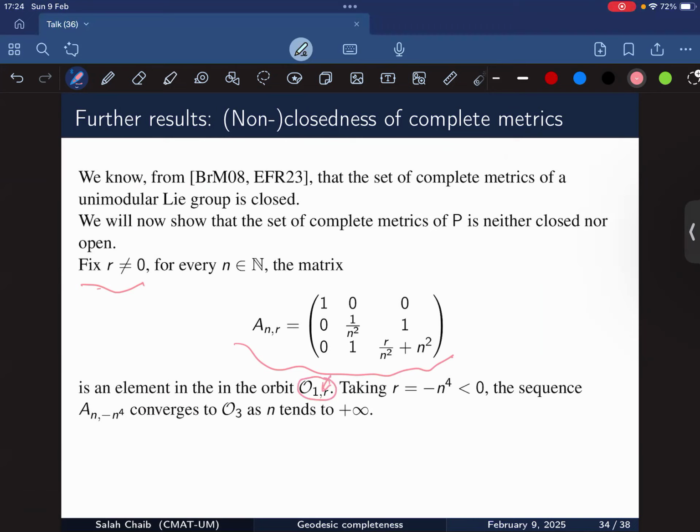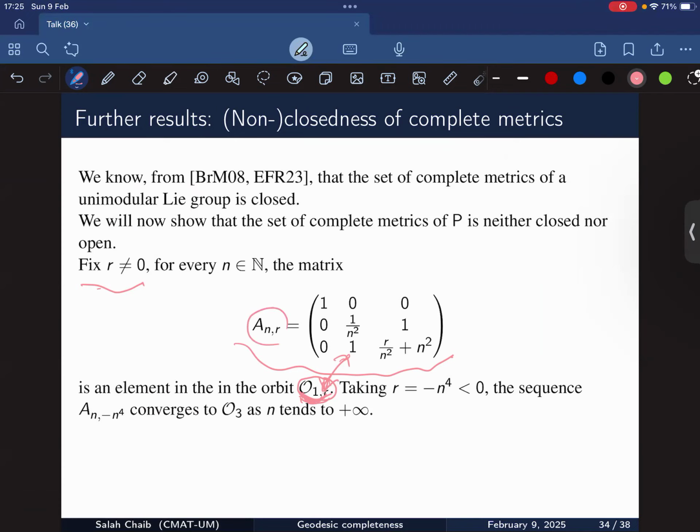Acting by the automorphism group and scaling, we can go from this to this one, so they lie in the same class. Remember that each class has a 5-dimensional set of possible representatives, and the representative we choose is the normal form. So we take a sequence of these representatives.